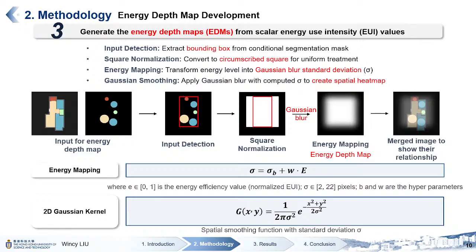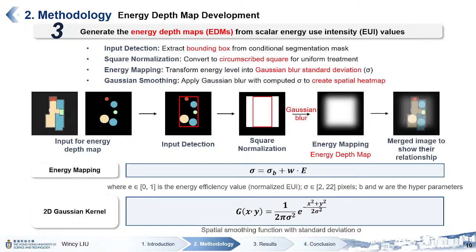We also tried to directly use the scalar number as the input, but the control of the energy performance is quite low. So in this work, we convert the numerical number into an image to represent the energy performance. And here is the final output for this step, the energy depth map.